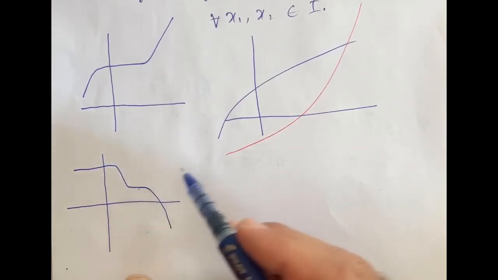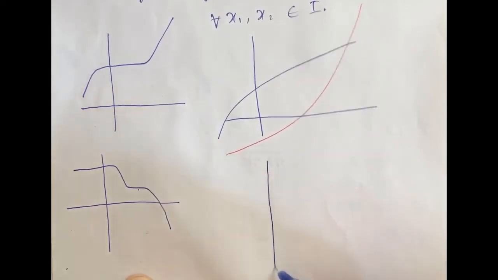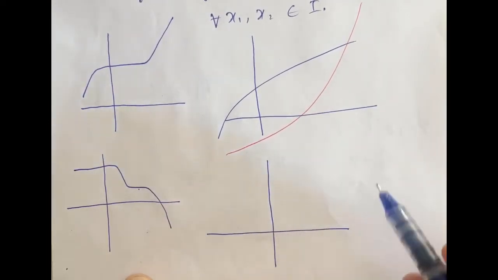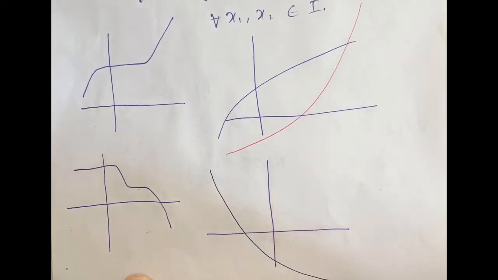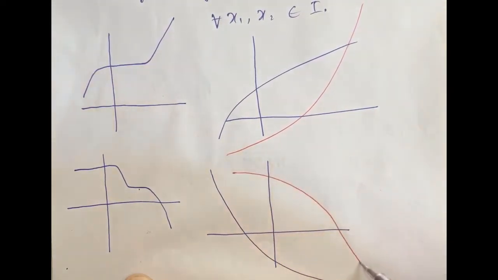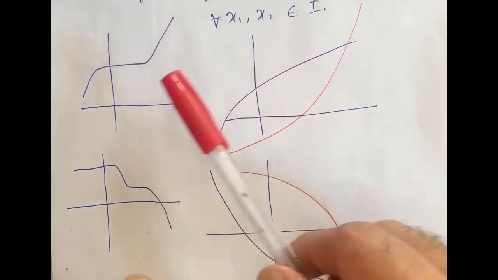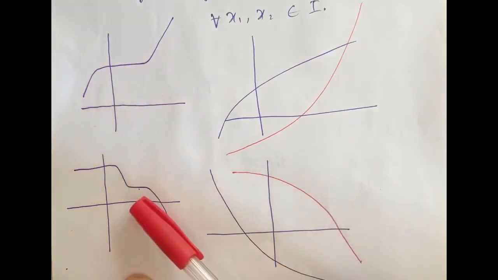For this part, it's equal to sign. And fourth is a function like this, or a function of this form. So this is strictly decreasing, this is strictly increasing, this is increasing, this is decreasing.